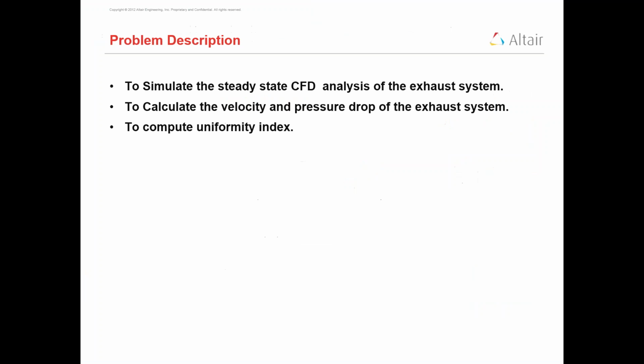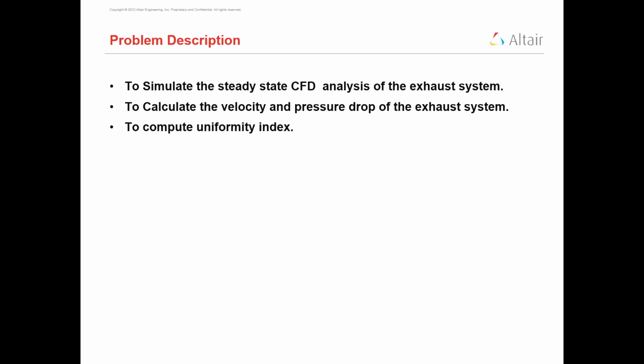The objective here is to simulate a steady state CFD analysis of an exhaust system, to calculate the velocity and pressure drop of the exhaust system, and to compute the uniformity index. Uniformity index is computed at 0.51 mm at the cut section of the porous medium. Uniformity index determines the flow uniformity, basically how uniformly the flow has been distributed over a cut section of the porous medium.